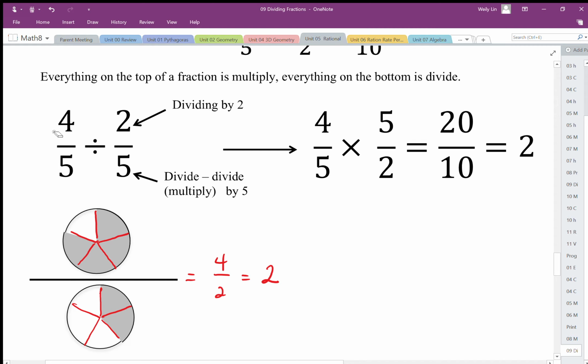If I read this as a sentence, this means divide by 2. Really, that 2 is divide. That means the 2 should end up in the denominator here. That makes sense. I'm just going to highlight that. The 2, because it says divide by 2, should end up in the denominator when we put it into a fraction.